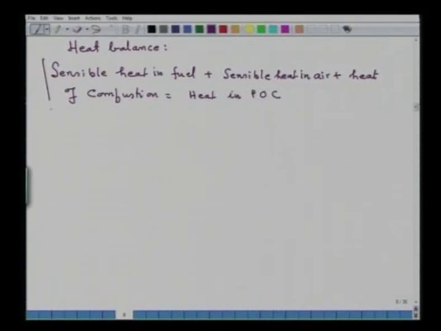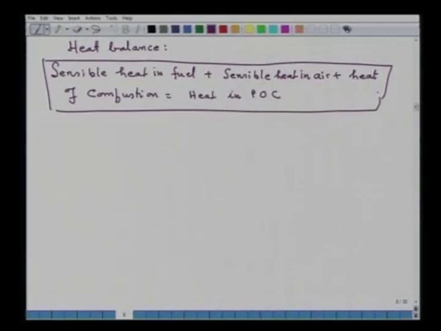That is what my heat balance is, because now some amount of sensible heat is also added along with the air and blast furnace gas, since both are preheated to a temperature.